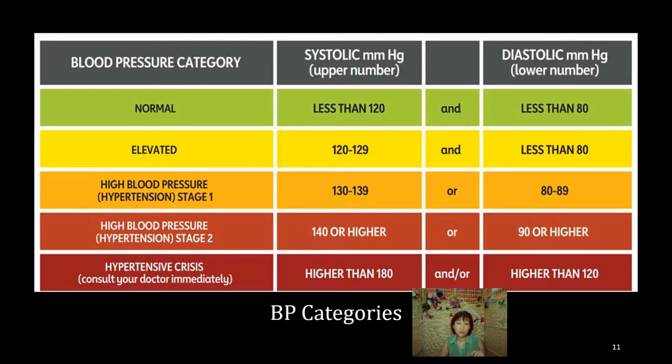Now, I'd like to bring to your attention that these BP categories, for hypertension or pre-hypertension, or even how high the blood pressure readings are before you consider them as hypertension, can differ from guideline to guideline, and the Western guidelines or the Caucasian guidelines tend to be a bit more aggressive than our local guidelines, which we will also look at a while later.